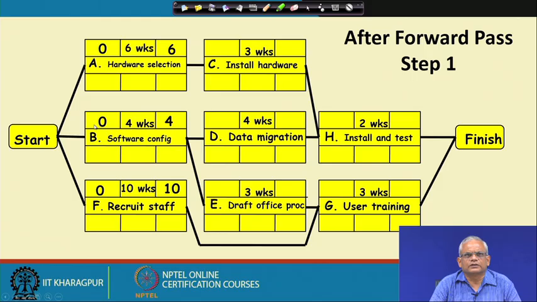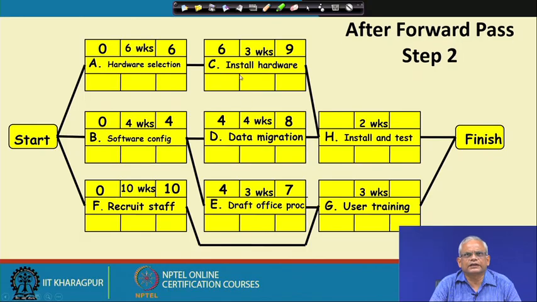For task D, the earliest start time will be 4, and earliest completion time is 8. And for task E, the earliest start time is 4, earliest completion time is 7.